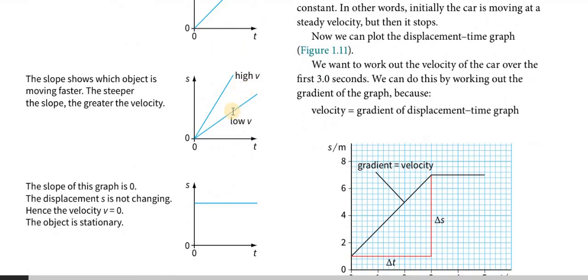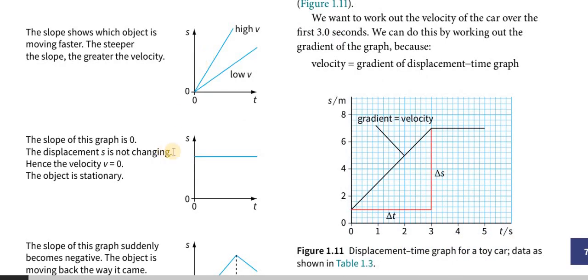Then in the second graph, you can see this gradient is greater than this gradient. That means the velocity for this line is greater than the velocity for this line. Okay, then over here the gradient of this line is 0. That means the velocity is 0. You can see the displacement is remaining the same, only the time is passing.